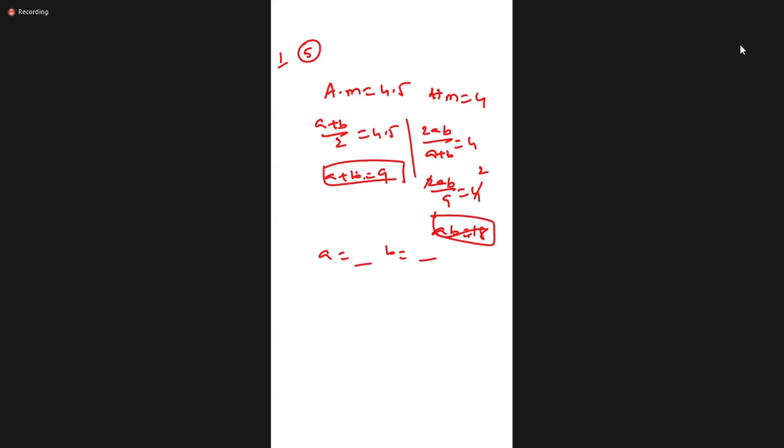Tenth question. Range they are asking. Sir, 22. Okay. Range they are asking. So there is a data given. This kind of data is called individual data. So in this individual data, maximum number minus minimum number, that is called range.